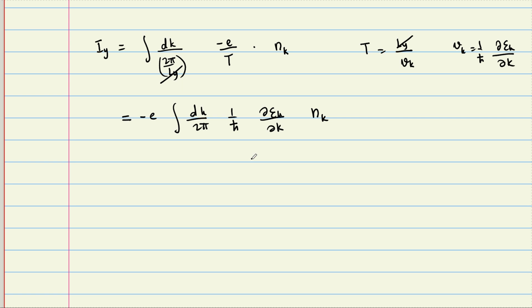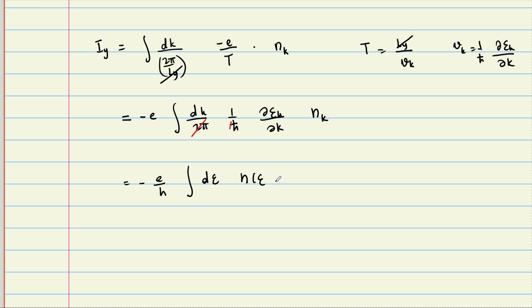And in the Landauer formalism, what we did is combine this, and we change the variables of integral from k to epsilon. And this h bar and 2 pi are going to cancel. At the end we are going to have minus E over h, so this is dE, and this is going to be n of E.